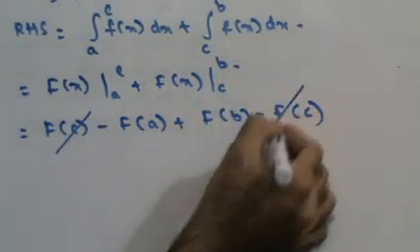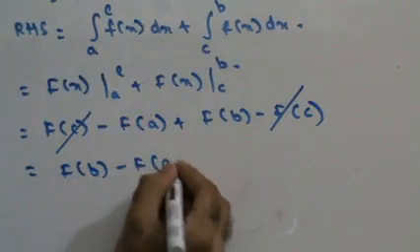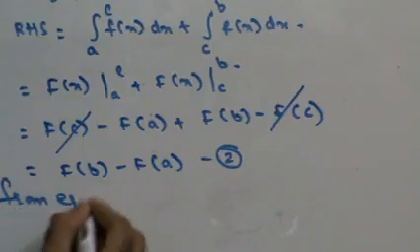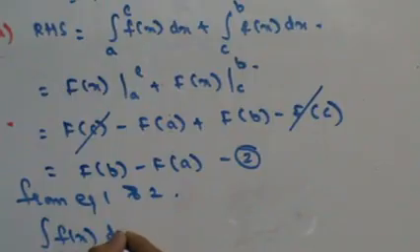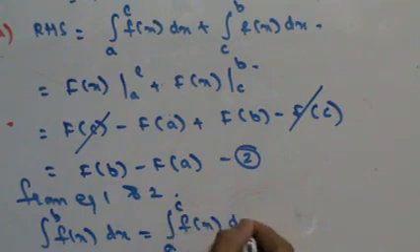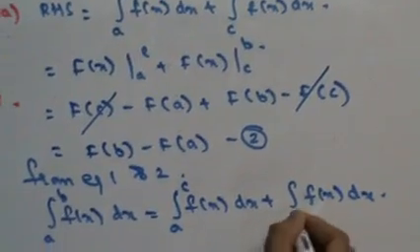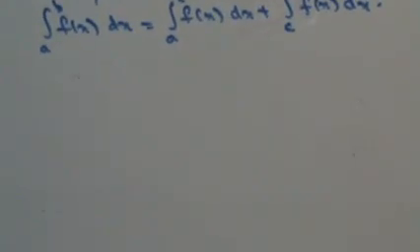Plus F of c minus F of c gets cancelled. This is nothing but F of b minus F of a, which is equation 2. From equation 1 and 2, I can say that integral of f of x with respect to x from a to b is nothing but integral of a to c f of x with respect to x plus integral of f of x with respect to x when the limits are from c to b. Next, let's see another sum, guys.